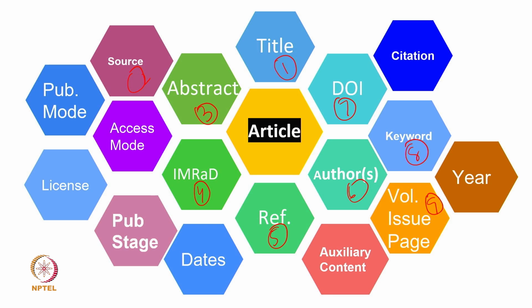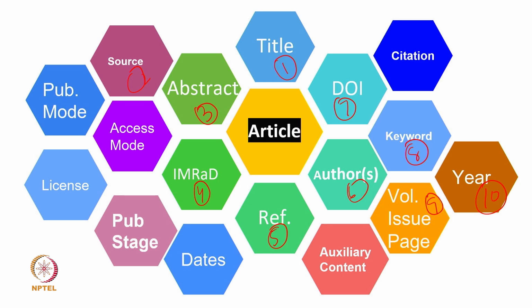It represents the location of the article in the source: the volume number, the issue number, and inside that issue the page numbers where this article is published. Then the attribute is the year, in which year this article was published.